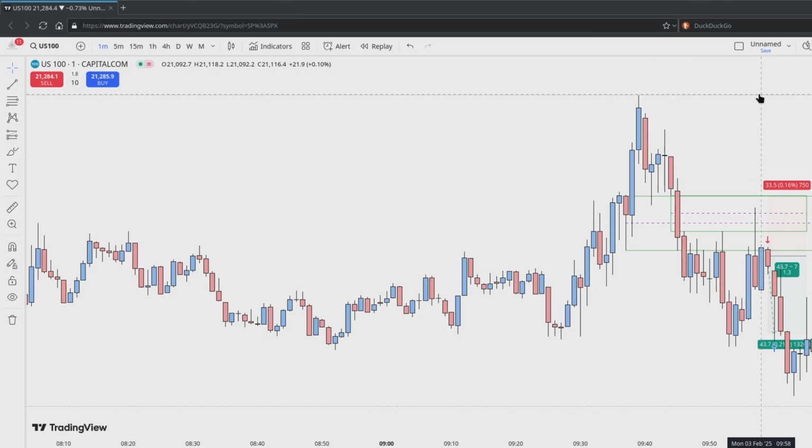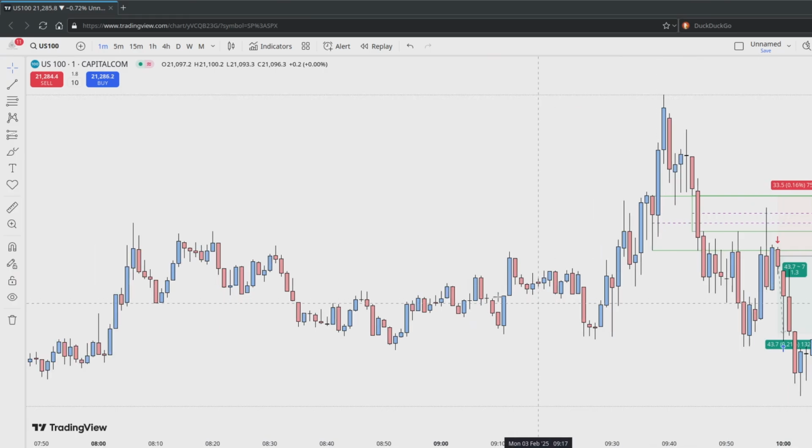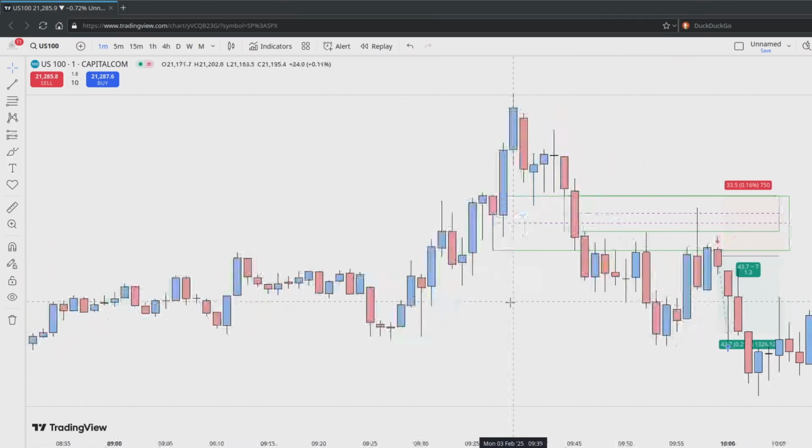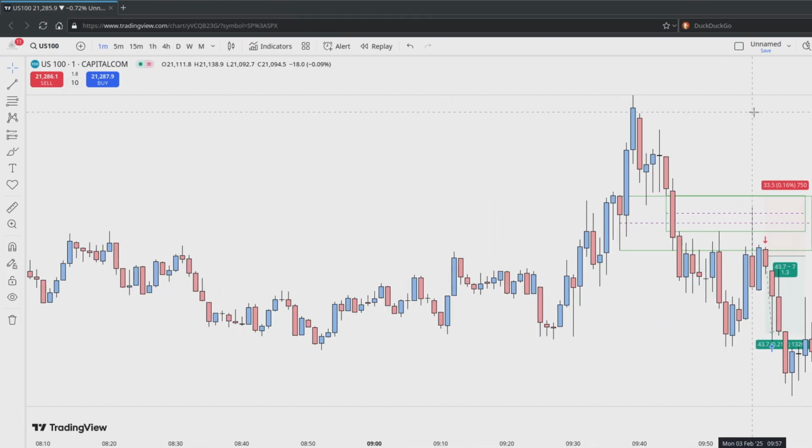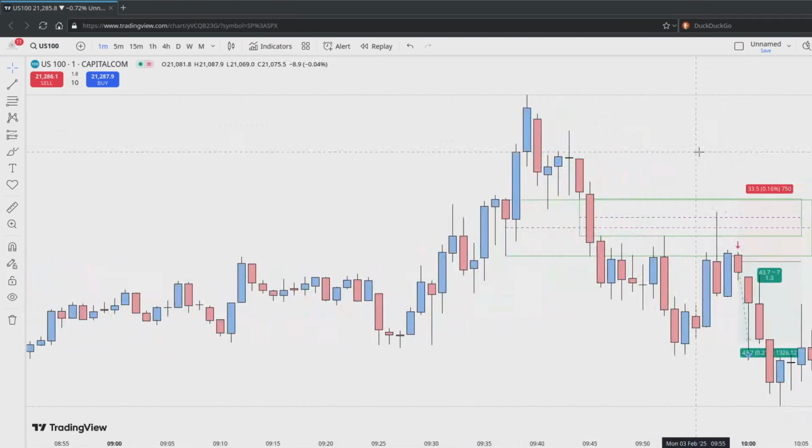Didn't opt to take it on the live account because price was messy. I was looking for bullish ideas. I was not looking for bearish ideas. And this structure here, again, comes back to it. This was messy.